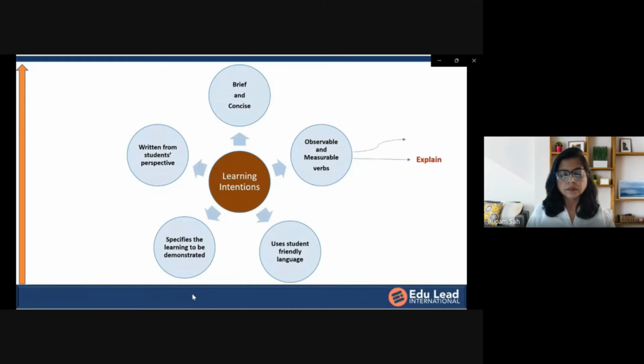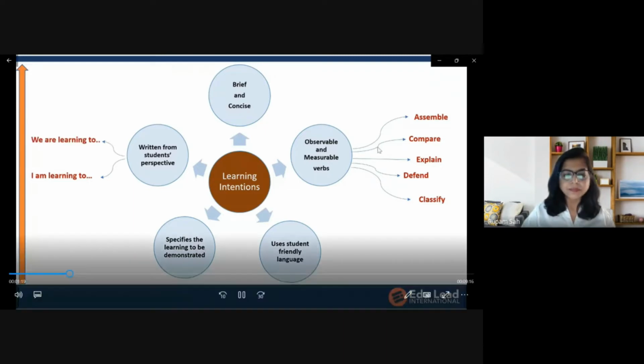Something like explain, compare, defend, assemble, classify, and so many other words. And also it should be written from the student's perspective, like I am learning to, or we are learning to. So these are the important things which we should remember while writing learning intentions.